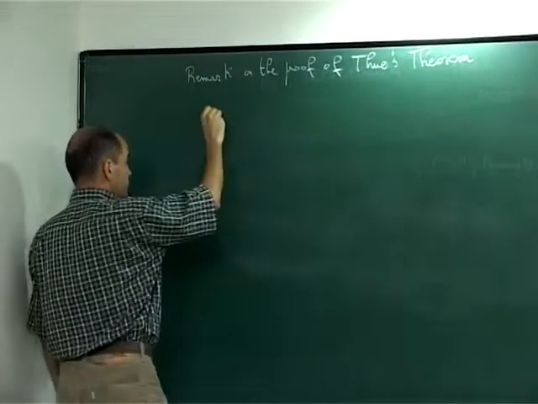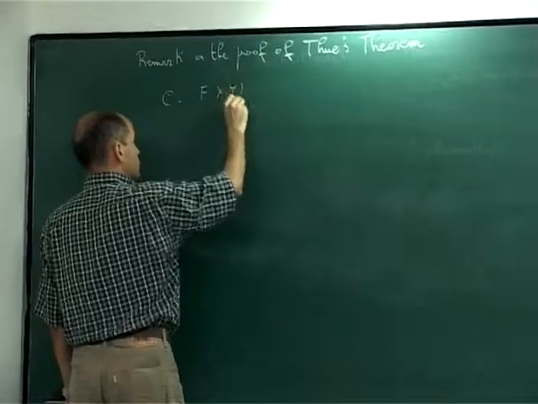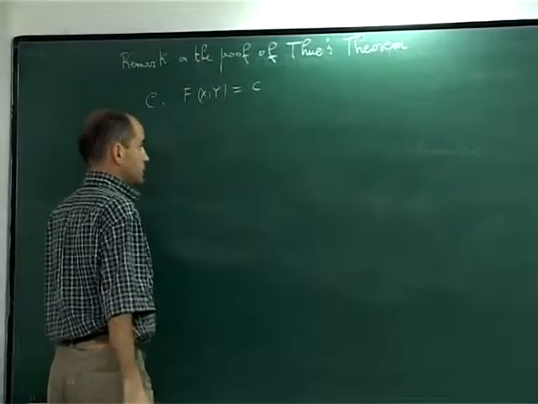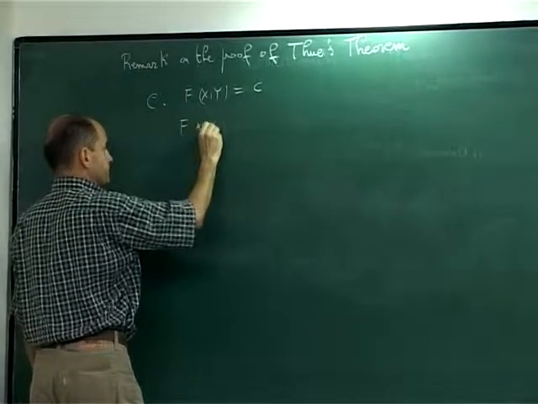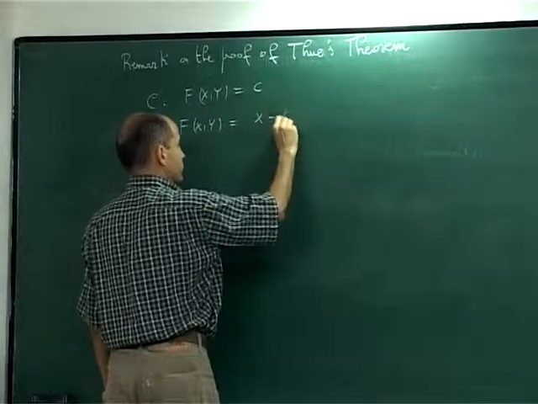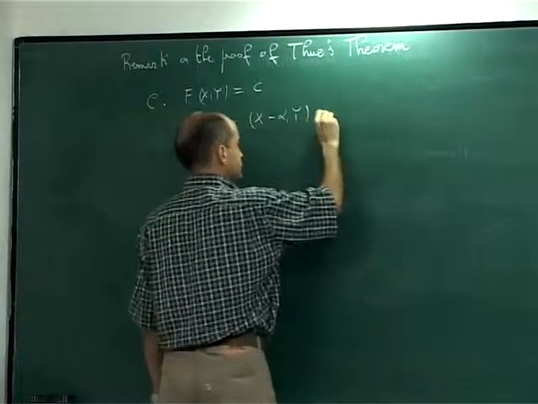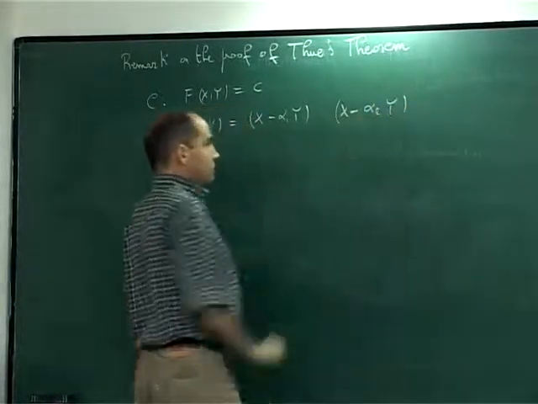We had an affine curve of equation f(x,y) equals constant, and f(x,y) was (x minus alpha1 y) ... (x minus alpha r y).